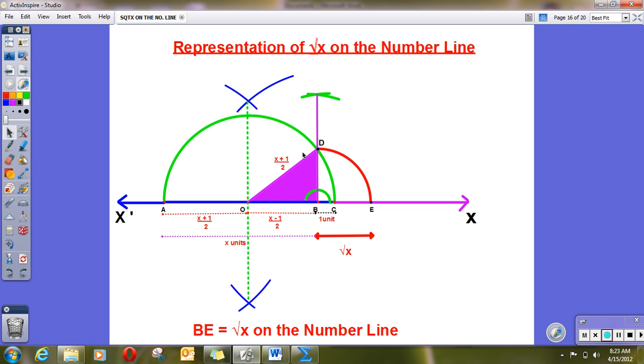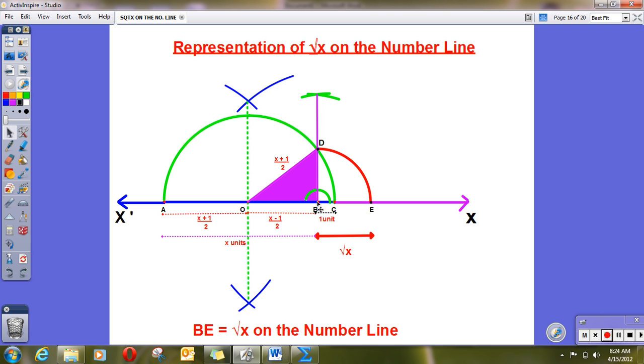That means in right triangle OBD, we know OB, we know OD. What we don't know is BD. So by using Pythagoras theorem, which states that hypotenuse square is always equal to the base square plus the altitude square, we can find out what is BD.